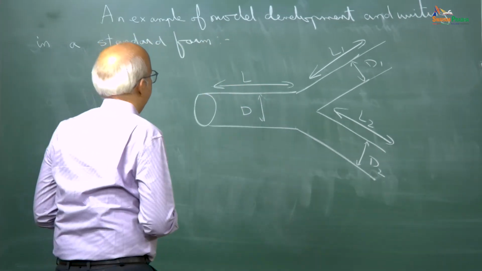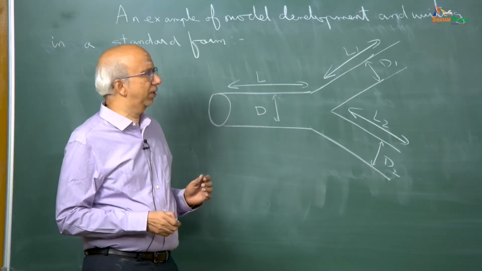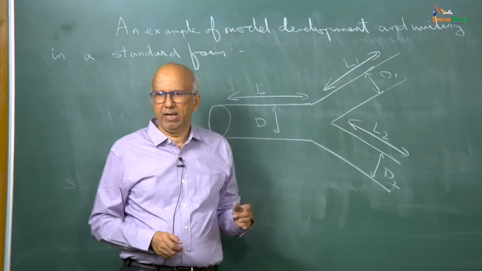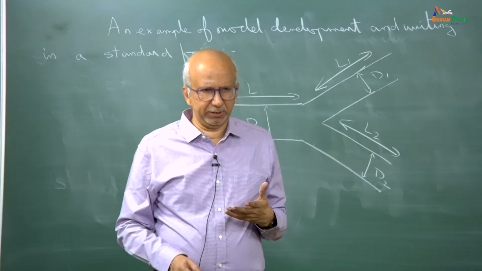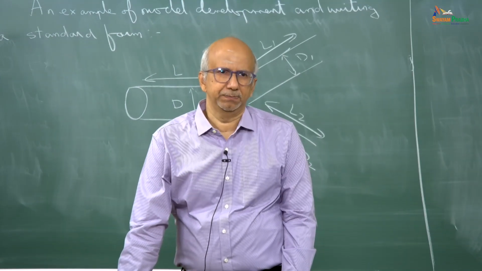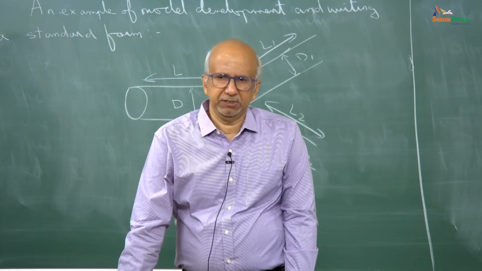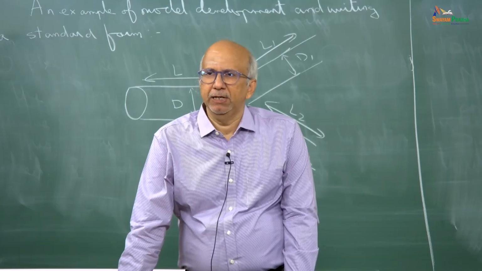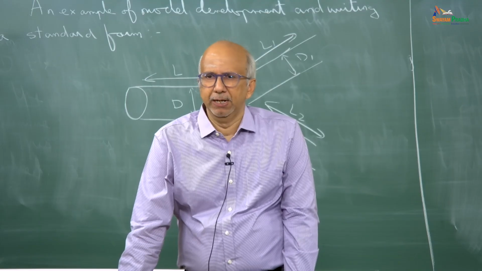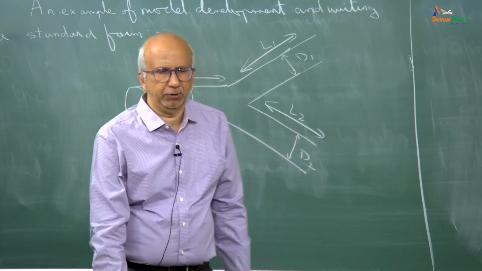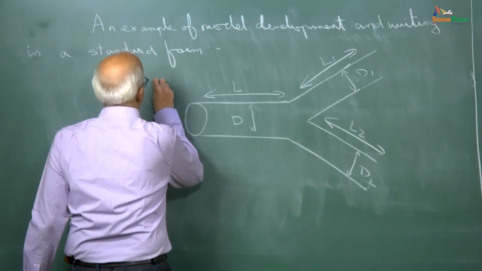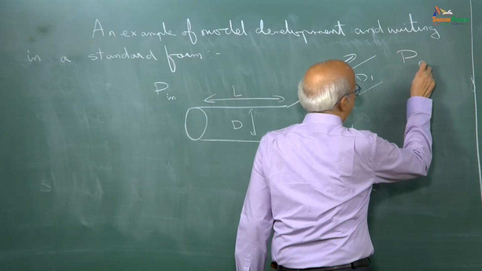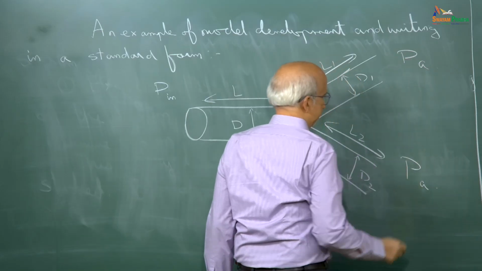What I want to do is talk about the problem where I am going to specify the pressures at the inlet and outlets. And you have to be very clear whenever you are trying to solve a problem, you have to understand what the problem is. So, the problem here is I am specifying the pressures and I want to calculate what the velocities are, what the flow rates are through each of these channels, through each of these limbs. So, P in is specified here, P atmosphere is specified here, P atmosphere is specified here.